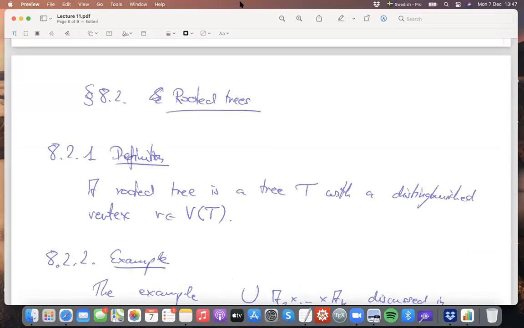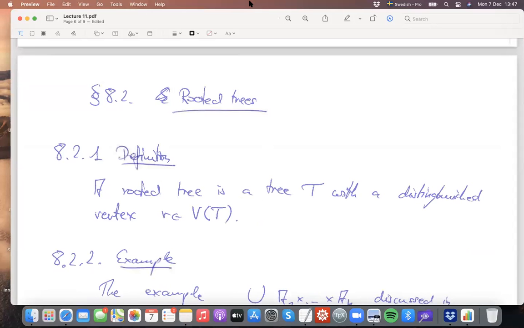So we'll be talking now about rooted trees. A rooted tree, as it says in this definition, is just a tree where we choose one vertex and say this is our root. That's the vertex we'll plant into the ground.